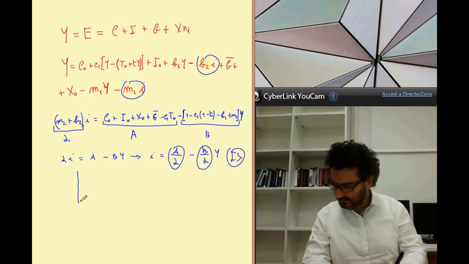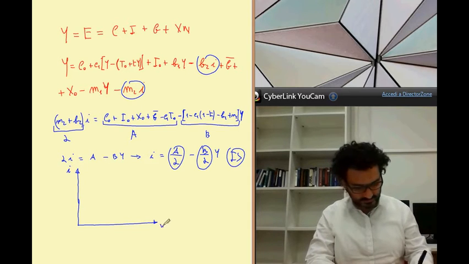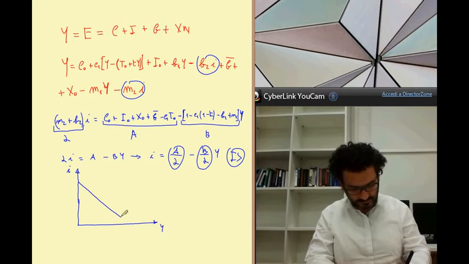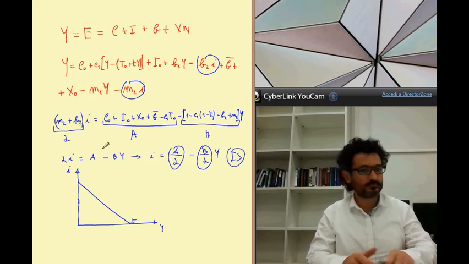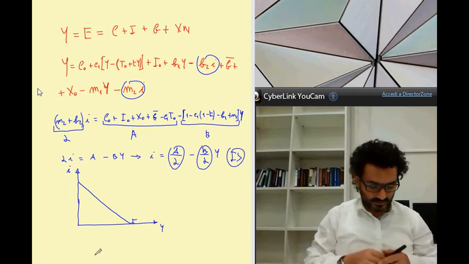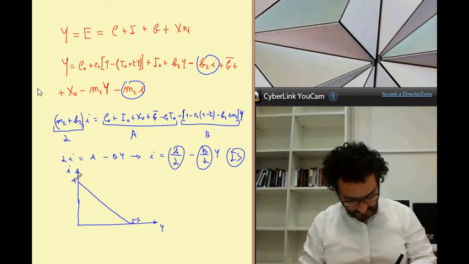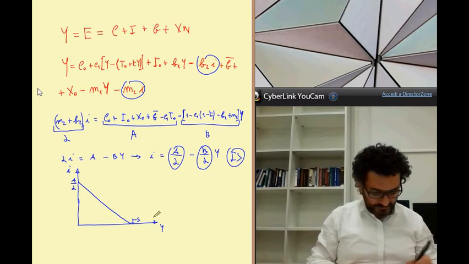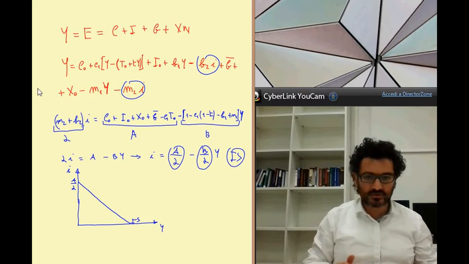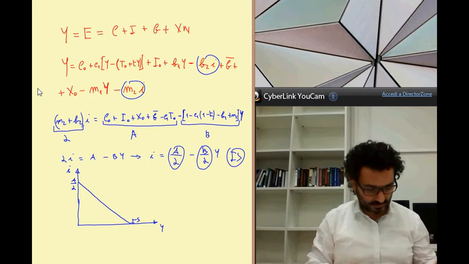So the IS relation in the space interest rate income is this. So the intercept is A over alpha and the slope is negative. This negative relation displays the set of interest rate and real GDP consistent with equilibrium in the goods market.